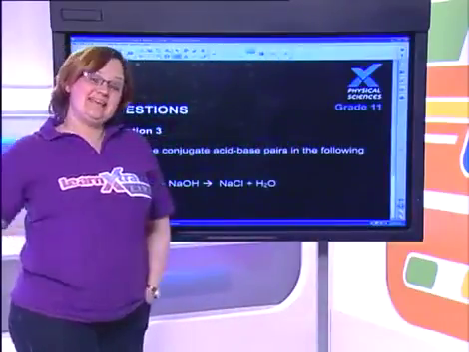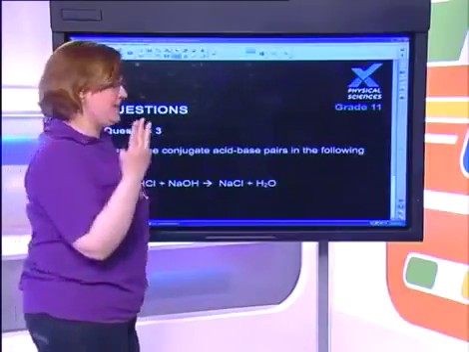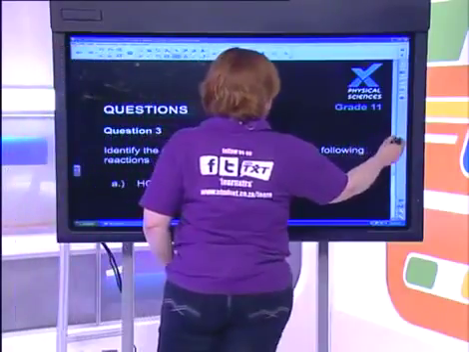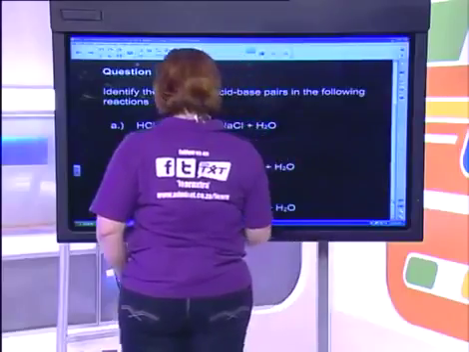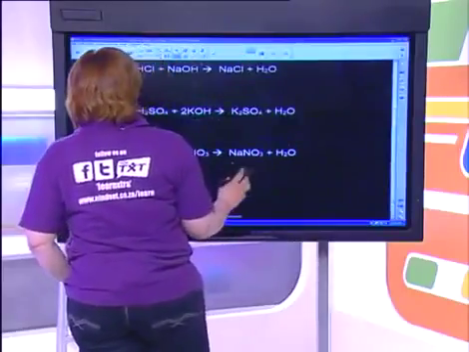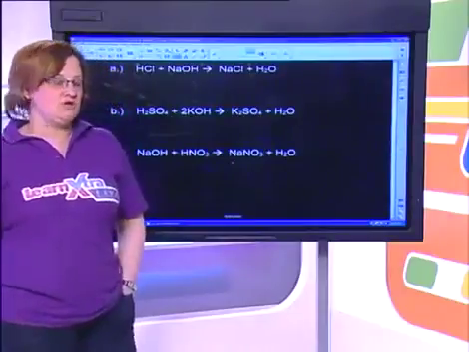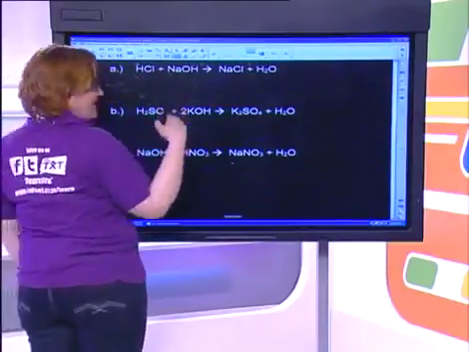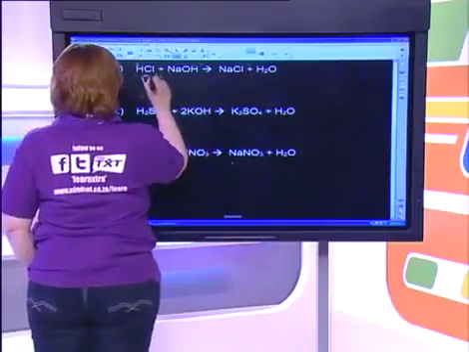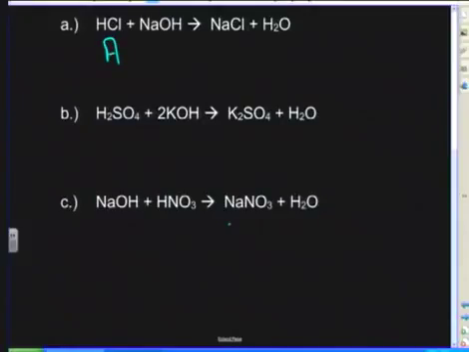Now we have to identify the conjugate acid-base pairs, okay? So in other words, first thing we're going to do is look at identifying the acid and the base originally, and then we're going to find its conjugate, okay? Hydrochloric acid is an acid. We're happy with that. I'm just going to call it an A. We're going to make our life easier.